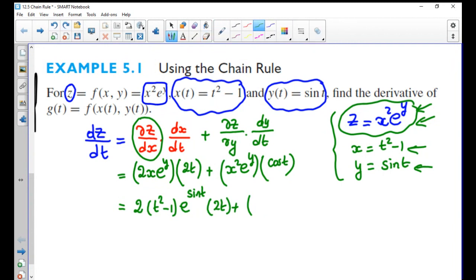So I will replace x with its expression, t squared minus 1, squared, e to the power of sine t, cosine t.